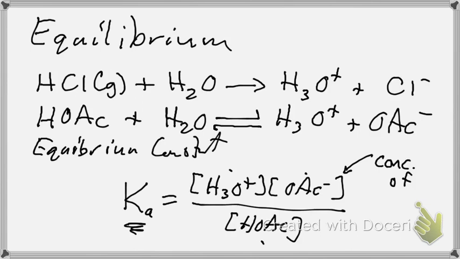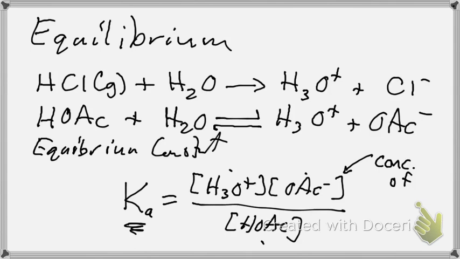Now, since this has a value we can look up in a book at 25 degrees Celsius, that means that there is a point in this chemical reaction where the reaction appears to stop. And at that point, you will have a particular concentration of hydronium and acetate and acetic acid. And that is the point of equilibrium.